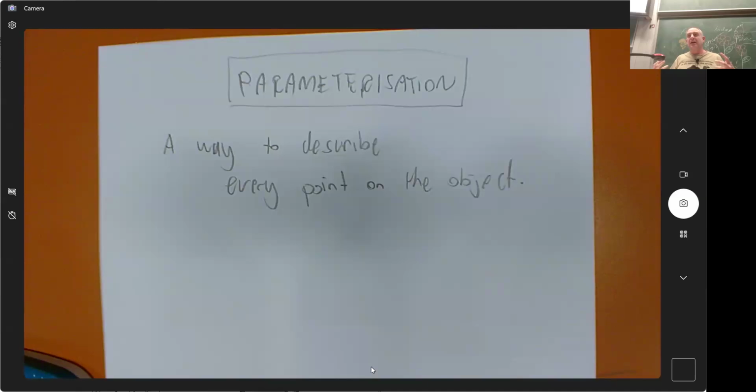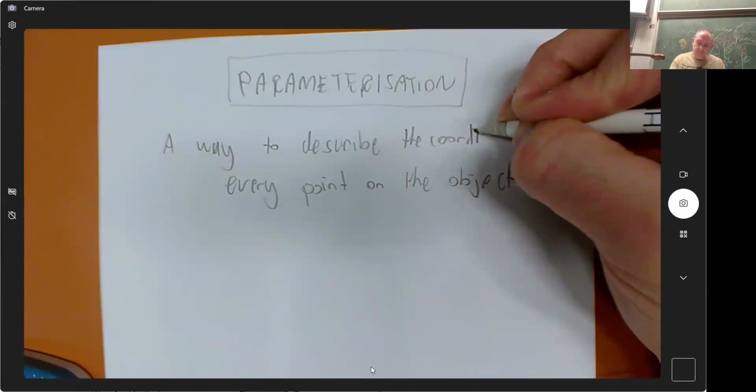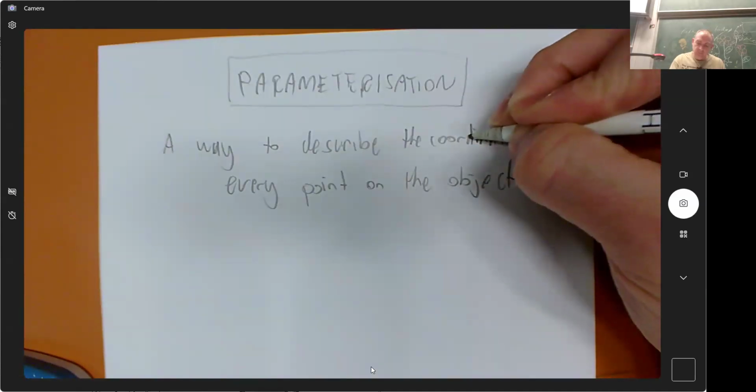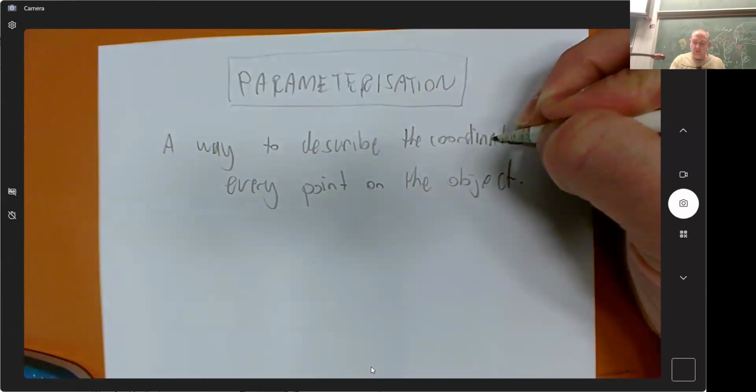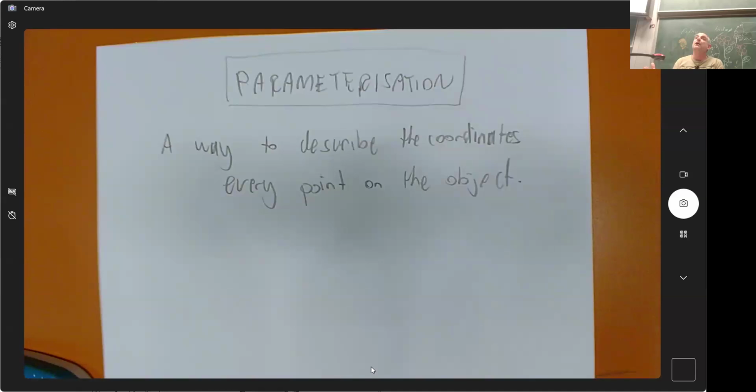So in that sense, it's like giving coordinates to every point. And actually, that's what it is. It's a way to describe the coordinates of every point on the object. That's what a parameterization is for, and that is the information I hold on to. So when someone gives me a parameterization, it tells me what every point on the object is. And I look at it and I think to myself, okay, so where are those points?